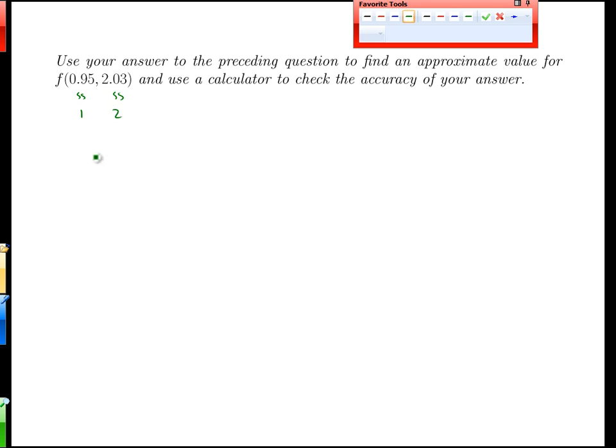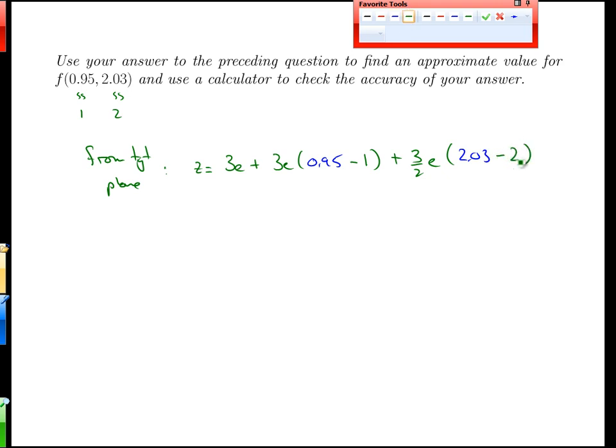Let's try it out. So from our tangent plane we have z is equal to, we had 3e plus 3e, and now our x is the 0.95 minus 1 plus 3/2 e, and our y value is 2.03 minus 2.